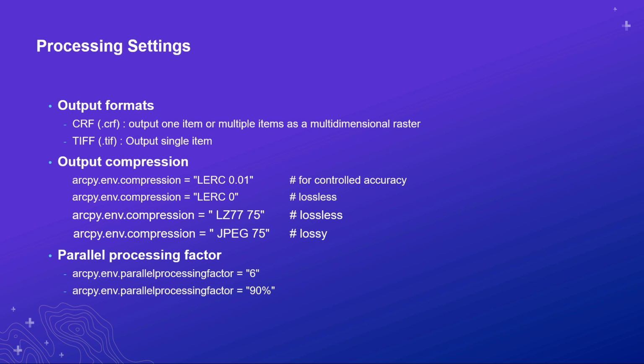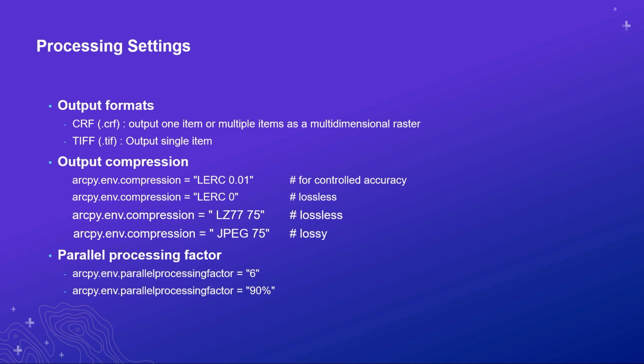You can save to a CRF file, which is the Cloud Raster Format. This format can store one image or multiple images as a multidimensional raster, and it is tile-based and supports parallel processing. And of course, you can save to TIFF as well.